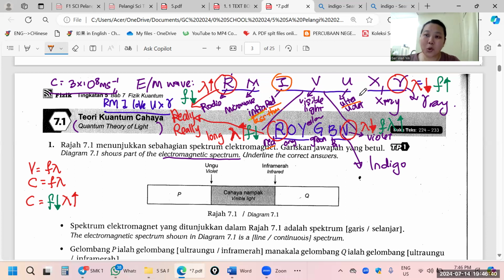Ultra means more than. So ultraviolet means this ray has a frequency more than the violet ray. Okay, so R M I V U X gamma, because Roy gave birth, need money, RM. So now done.